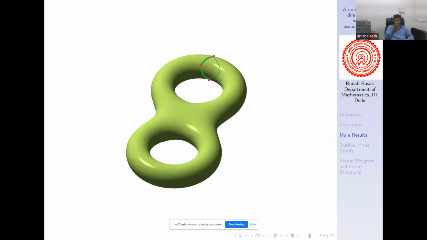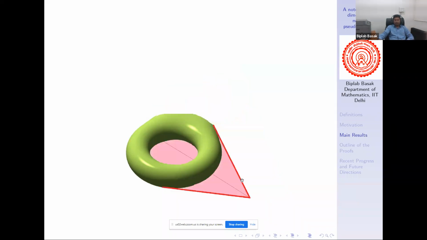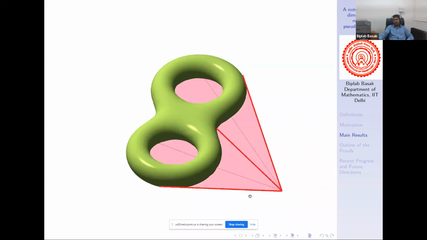And then we cone off the boundary component. Now this complex is again a pseudo triangulation, or you can say a pseudomanifold, and this pseudomanifold is a one vertex suspension of this at the vertex. So this is the topological object, and this is how we do the vertex folding.